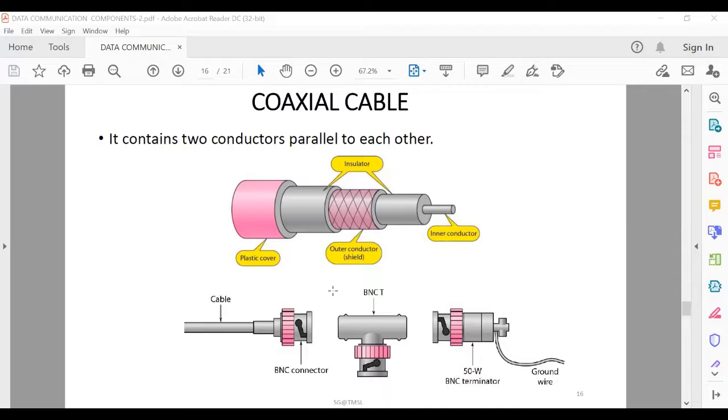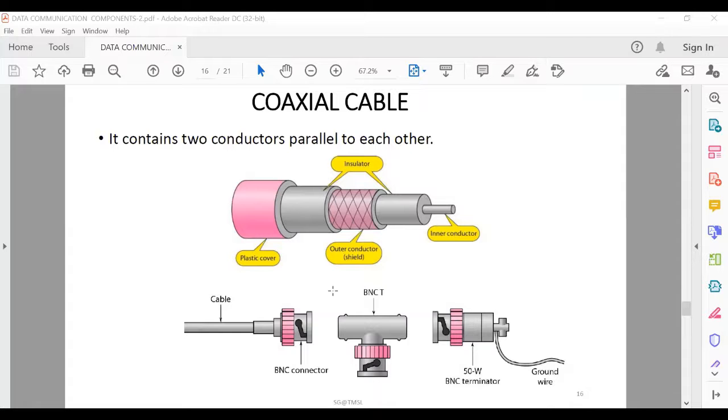There are certain advantages: it is capable of operating at higher bit rates, it is more secure than the twisted pair cable, and it can be used for long distances. It is also very immune to external radiation. So that's why these are used.